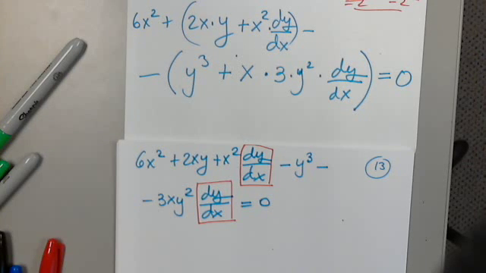To the other side. The terms that do not have the variable have to go to the other side. Okay, so 6x squared goes, 2xy goes, negative y cubed goes.